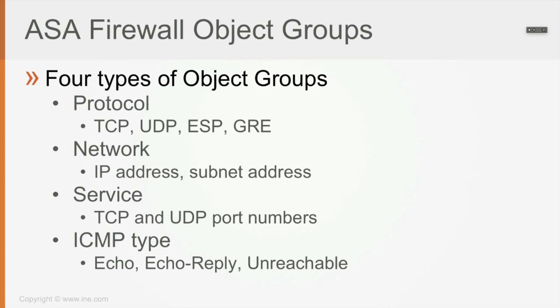You're going to have a service object group where we define TCP and UDP port numbers. So just like the name states, it's a service, which means only TCP or UDP. And because ICMP is a special protocol, and you might want to do filtering based on ICMP types and codes, we have an object group of ICMP type, where you can define and filter based on the codes and types of ICMP.